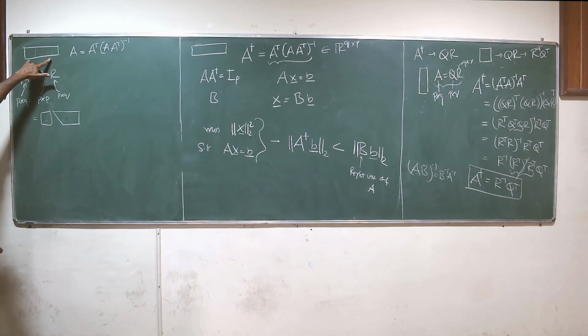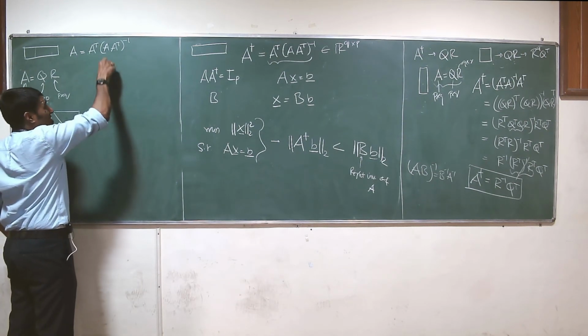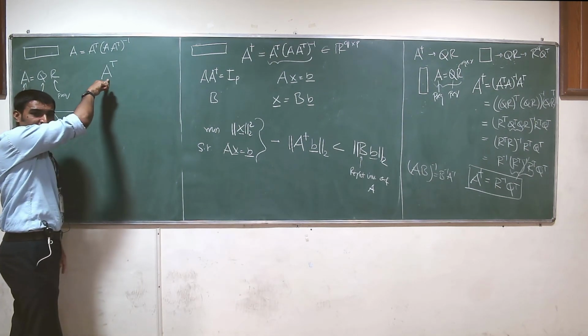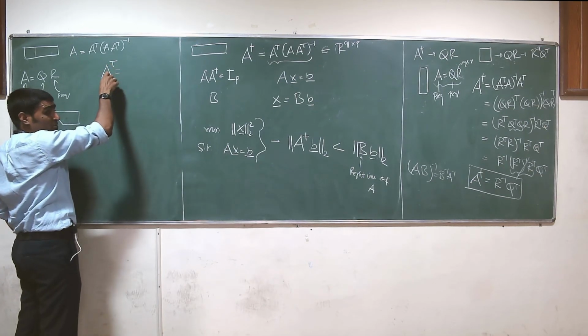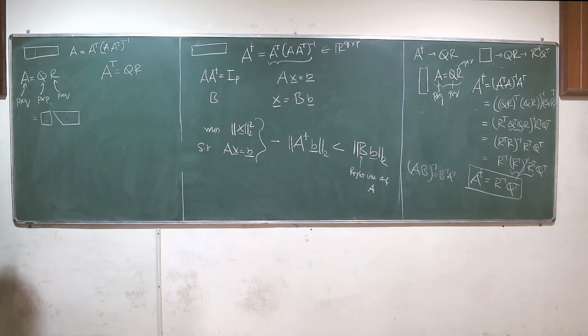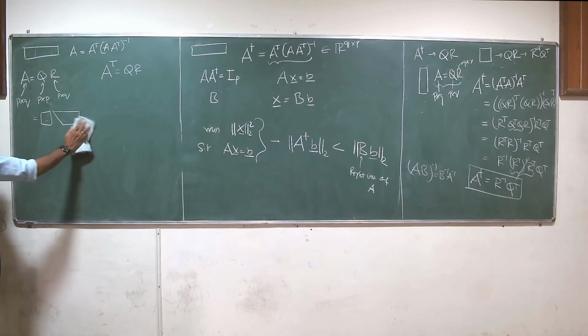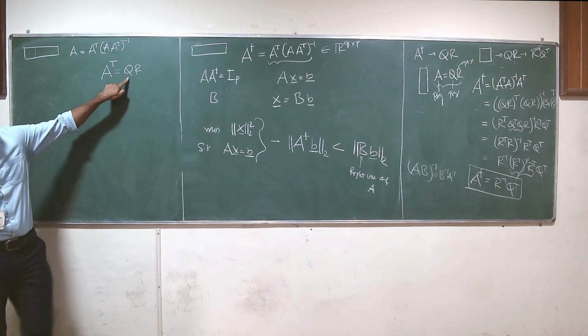But A is fat, but A transpose is tall, and full rank. If that is the case, then we can take the QR decomposition of A transpose. And let's assume the QR decomposition of A transpose is QR, not A. Because for a tall matrix, this is fine.